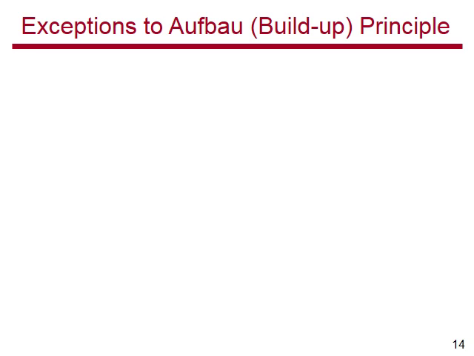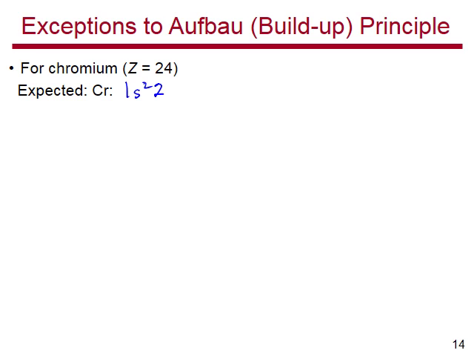Before we end this video lesson, let's talk about a few exceptions to the build-up principle. Consider the electron configuration for chromium, whose atomic number equals 24. Now based on the build-up principle, the configuration for chromium should be 1s2, 2s2, 2p6, 3s2, 3p6, 4s2 and 3d4.